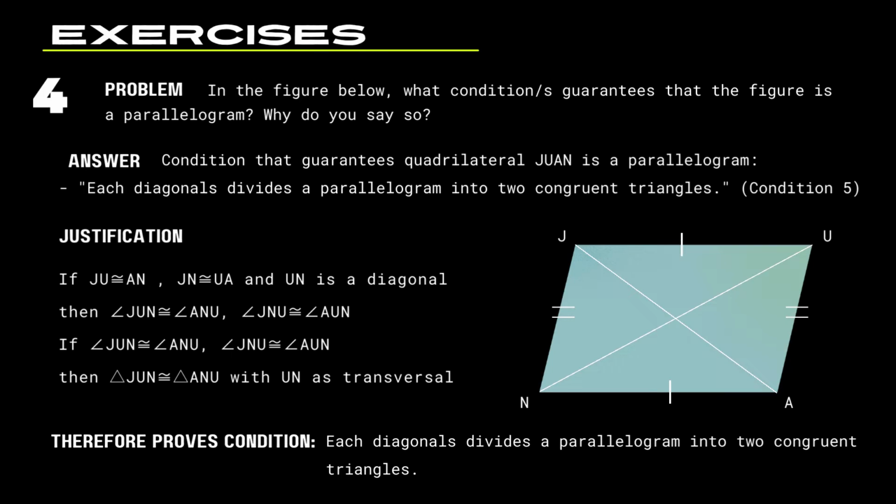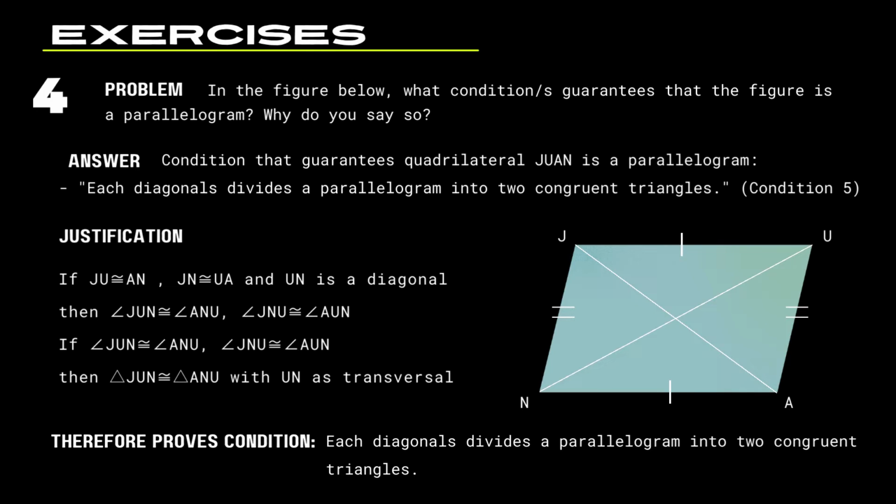Thus, if angle JUN is congruent to ANU and angle JNU is congruent to AUN, then triangle JUN is congruent to triangle ANU with UN as transversal.